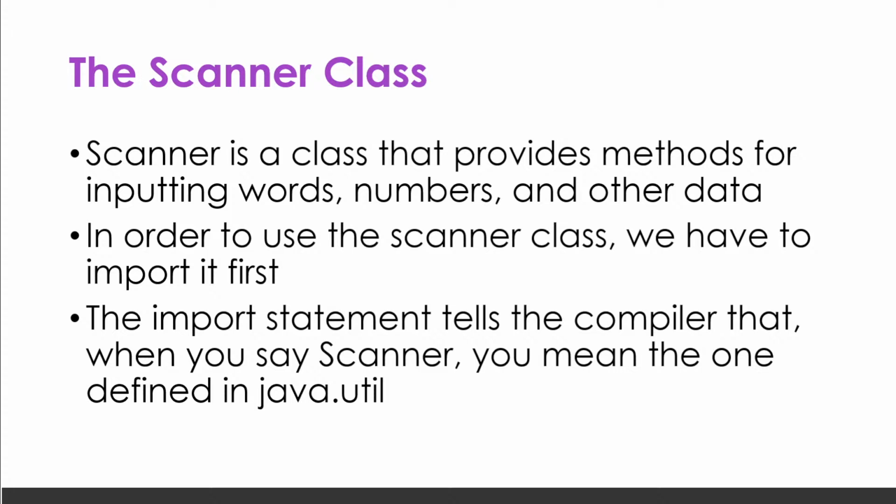The big deal about Java is that you're able to allow the user to define a value, whether it is text or a numerical value, that you can use in programs.